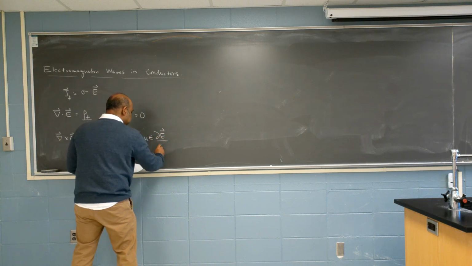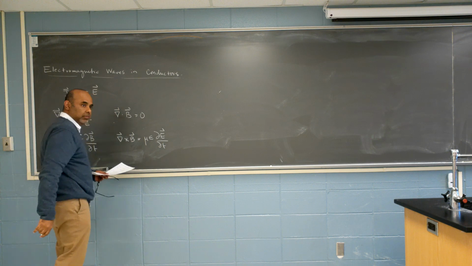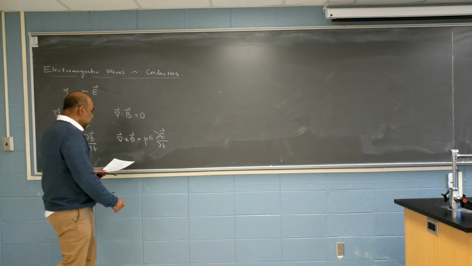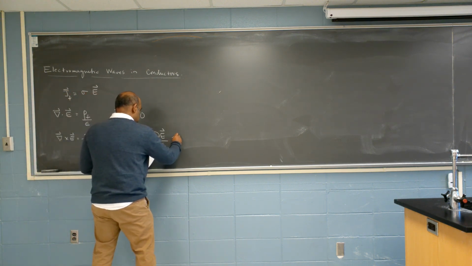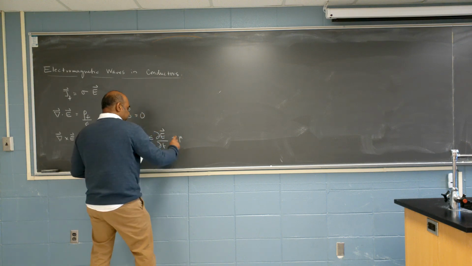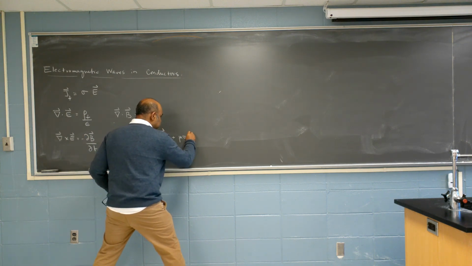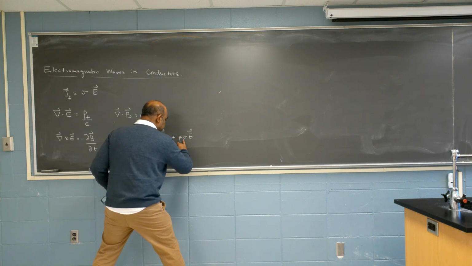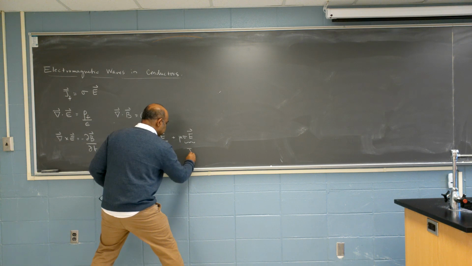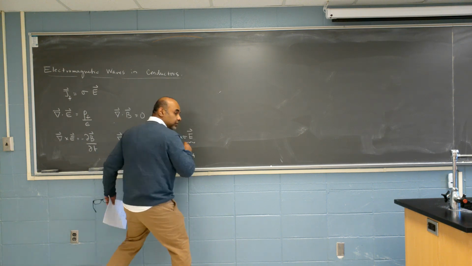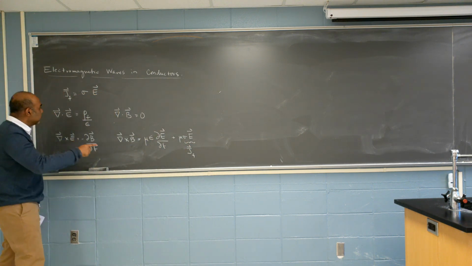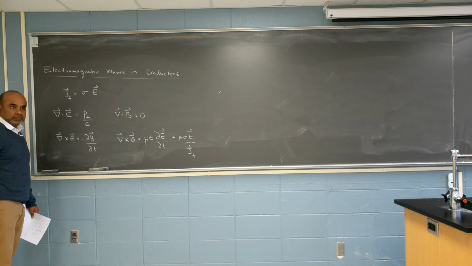Normally it would just be epsilon, but now mu times epsilon. And also mu times J free, let me do it this way because I don't want to waste time, except we're using Ohm's law.